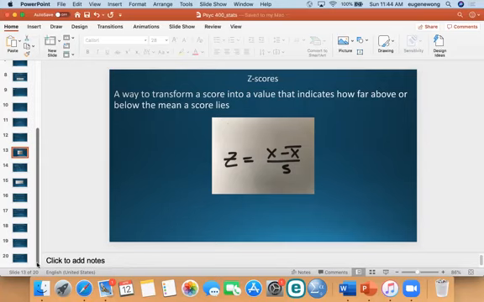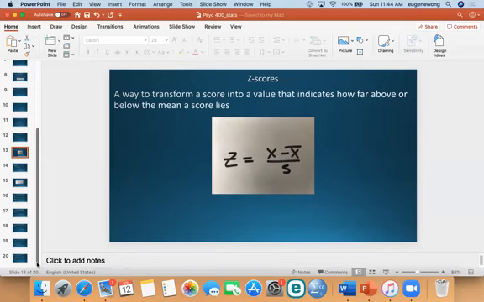What a z-score does for us is to take that 41 and make it into a new number. The new number tells us how far above the mean or below the mean the score happens to fall.